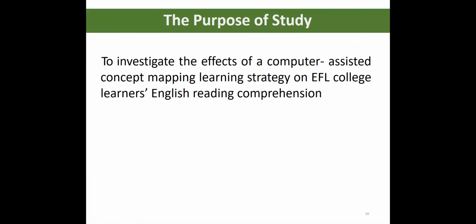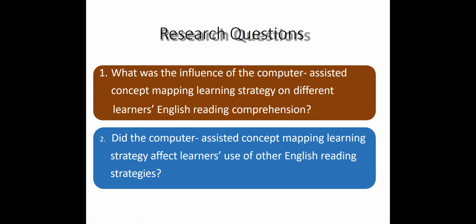So the purpose of my study is to investigate the effect of computer-assisted concept mapping learning strategies on EFL college learners' English reading comprehension. To fulfill that purpose, my research focuses on two research questions.